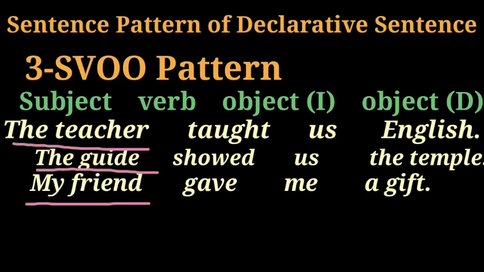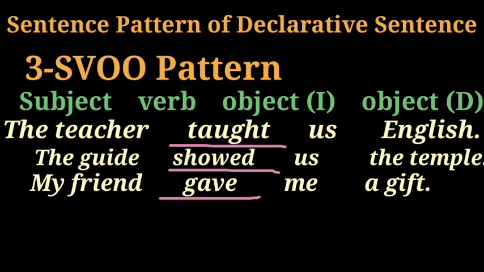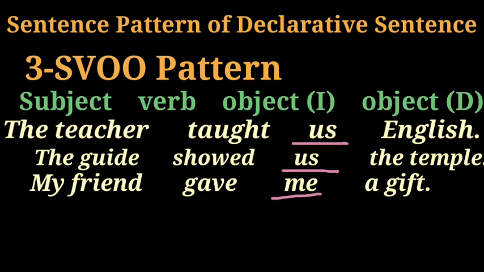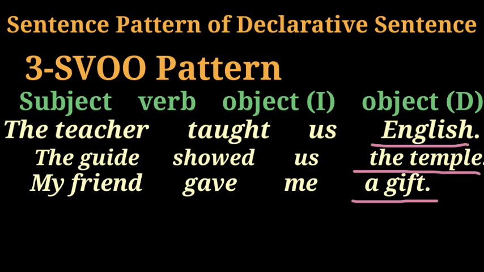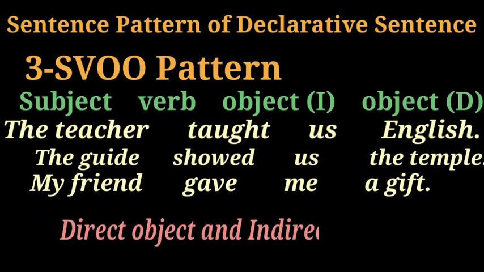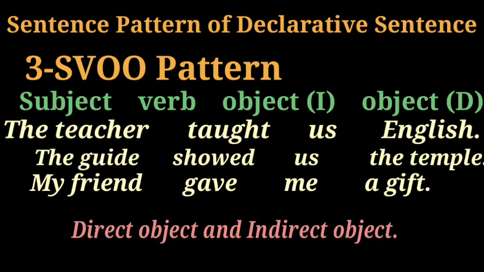Here the teacher, the guide, and my friend come under subject. Taught, showed, and gave come under verb, transitive verb. Us and me are the indirect objects, and English, the temple, and a gift are direct objects. So here the question arises, what is a direct object and what is an indirect object? Okay.